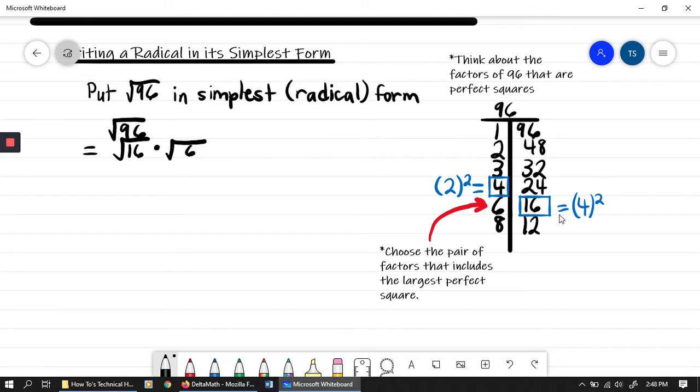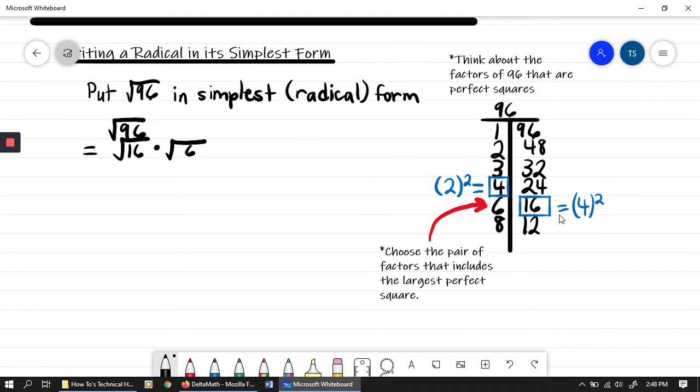My suggestion is, when you split it up like this with those 2 numbers, put the perfect square first. See how here we have the square root of 16, and that comes first. So put that perfect square first, and then put the square root of the other number.